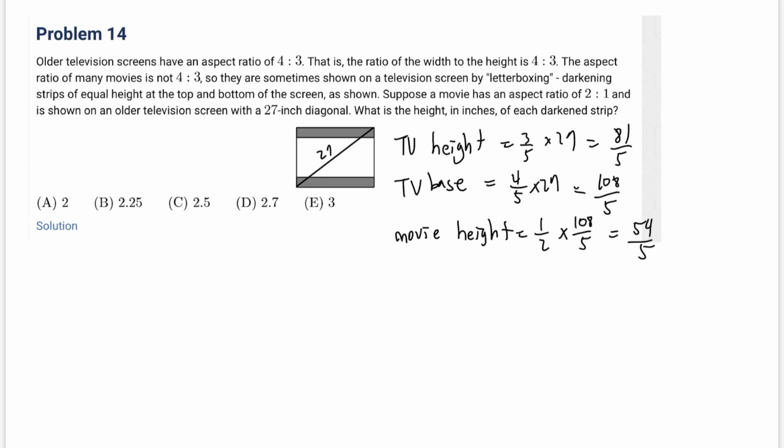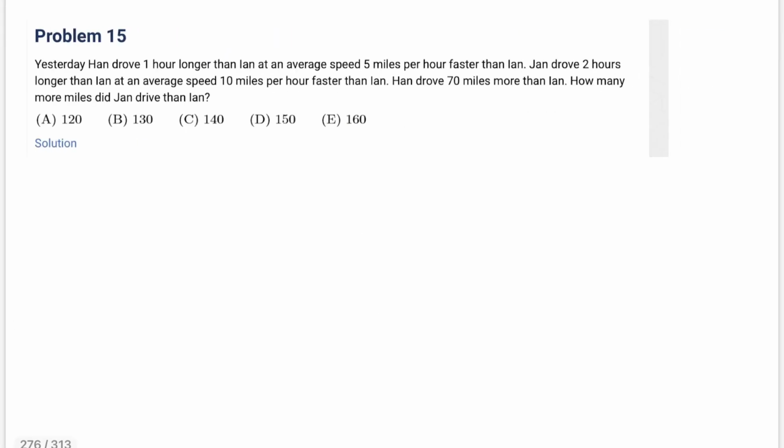Okay, so the height in inches of each darkened strip is the TV height minus the movie height, divided by 2. 81/5 minus 54/5, and then this divided by 2. 81 minus 54 is 27, so it's 27/10. So it's 2.7. The answer is D.